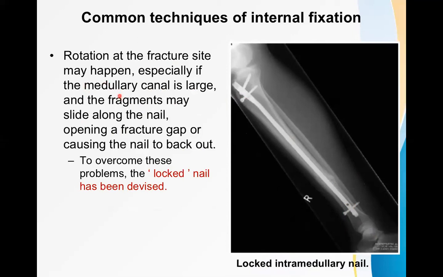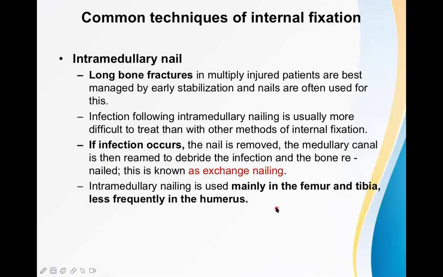Okay. If the medullary canal is large, then this nail can rotate inside the medullary canal. So to overcome this problem, we apply screws towards the end, and this is called a locked intramedullary nail.